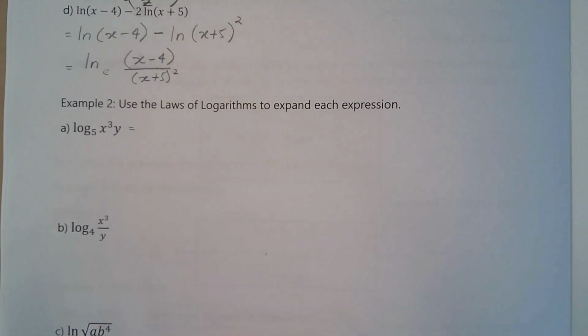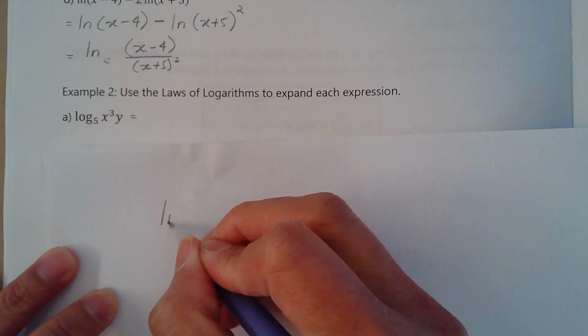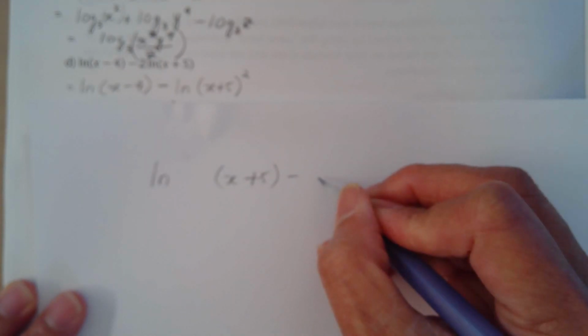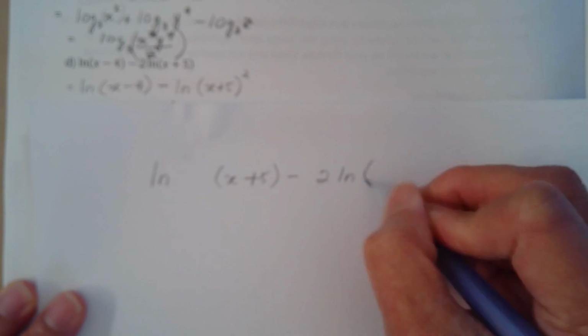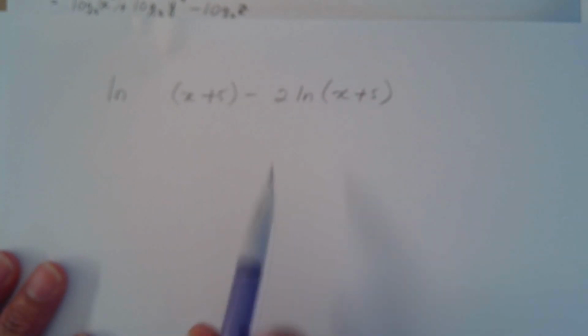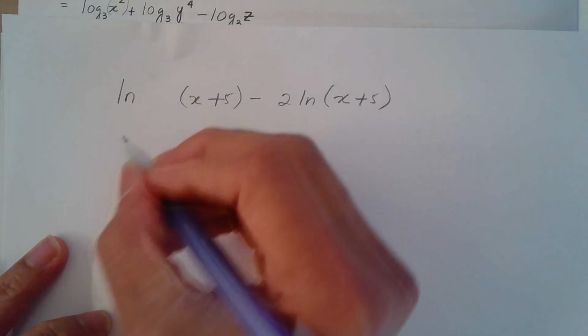It's going to be 1 over. Okay, so this is the question that was asked. Okay, let me see if I understood the question. You said if you went like this, if the question is x minus x plus 5 minus 2 natural log of x plus 5 base e, basically. If these were the same, yeah, okay, so that it would look like this.